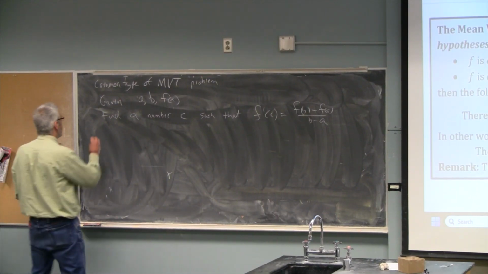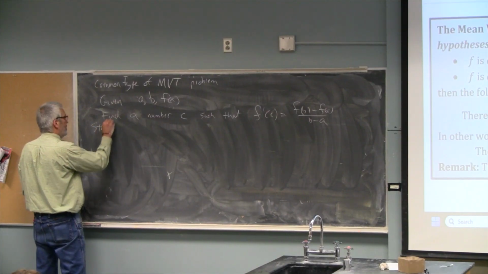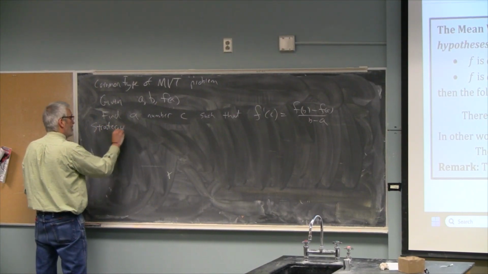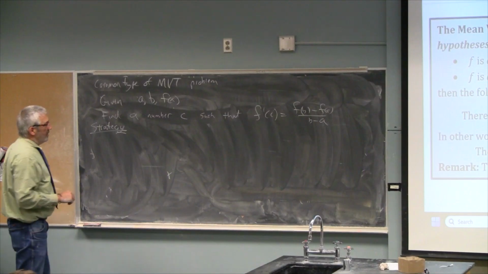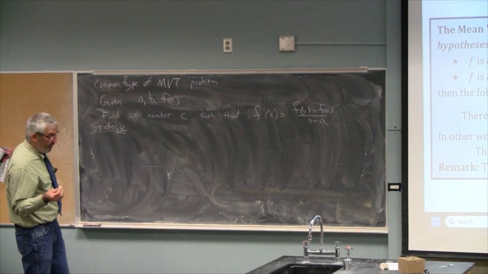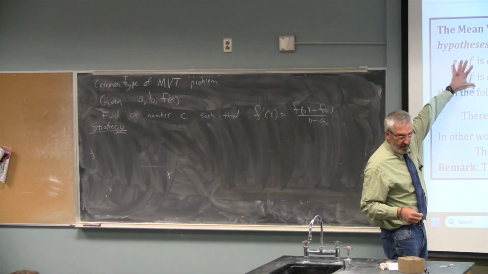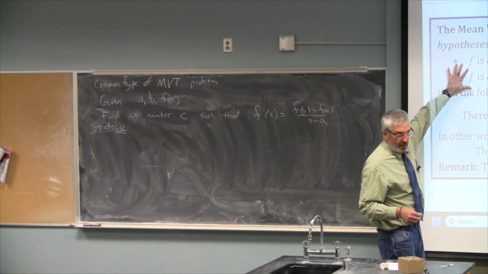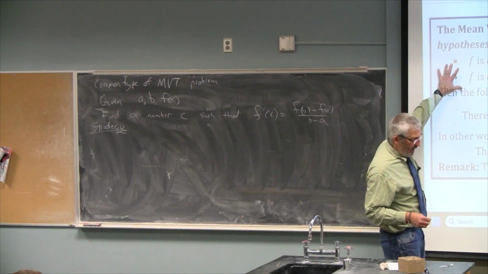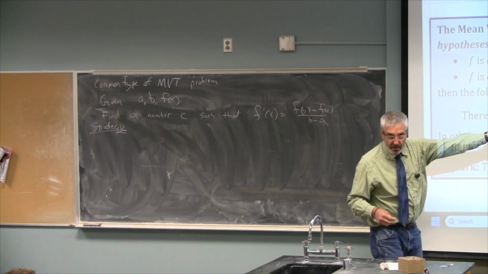So the strategy is, first of all, make sure that the hypotheses are satisfied. So make sure that f is continuous and differentiable, because if f is not continuous or not differentiable, there might not be a number c.